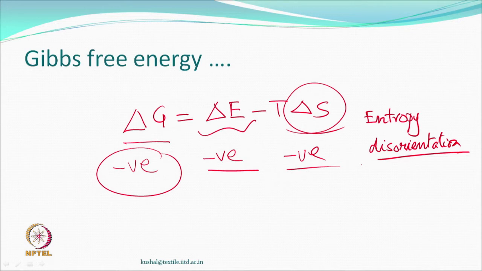Now, it depends on what is happening. If one of them is positive, the other is negative, which is more negative, which is more positive. Finally, delta G, if it is negative, then this process will be spontaneous. Now, in our case, what does it represent? A delta E, for example, in the case of fibers and this heat setting or thermomechanical setting, could represent the crystallization process.